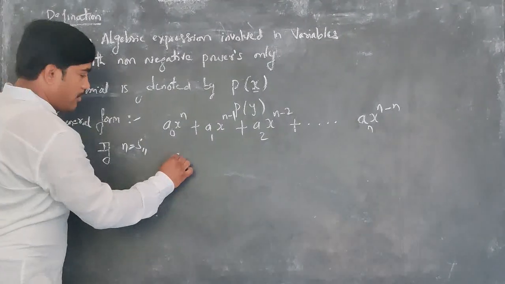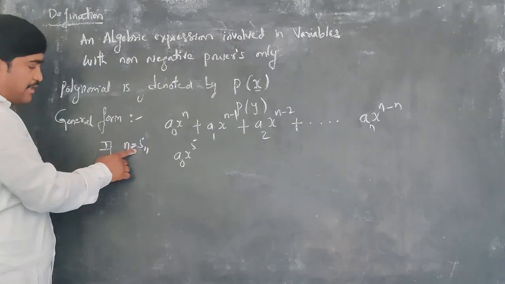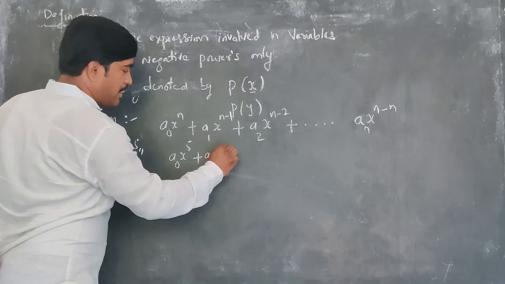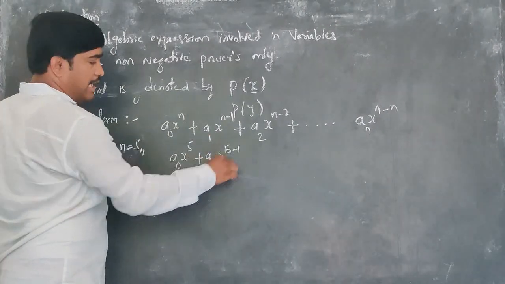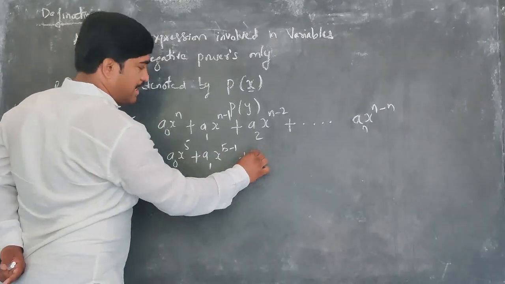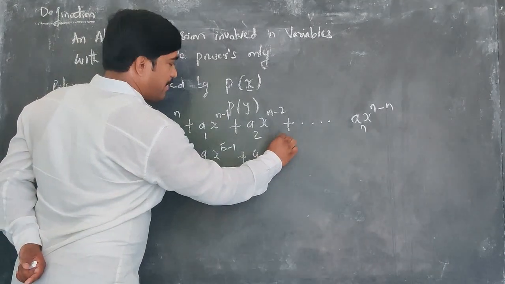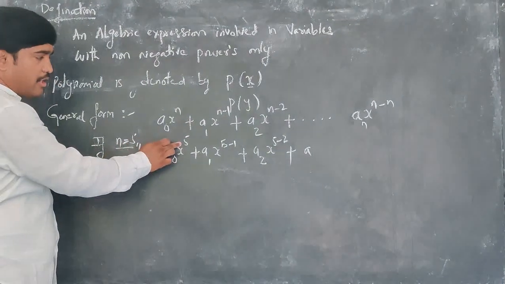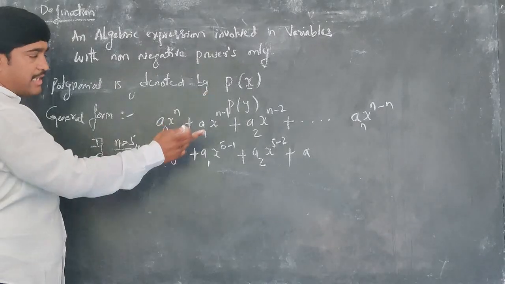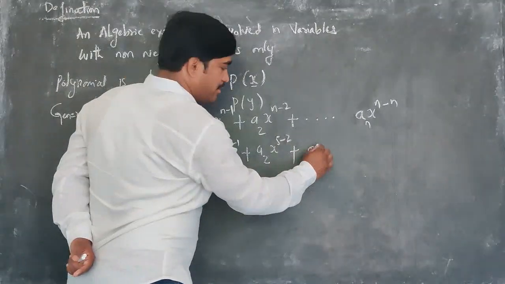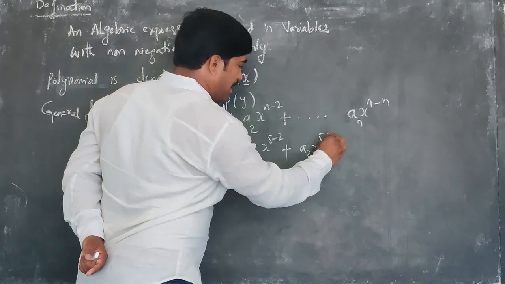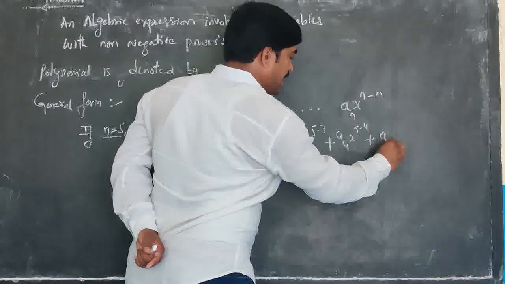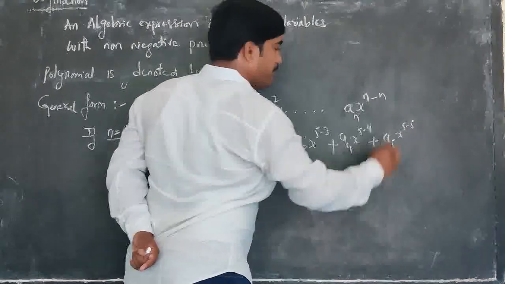Now just check it out. a naught x power 5. The n value is 5, so I can replace the n value here: plus a1 x power 5 minus 1 plus a2 x power 5 minus 2 plus a3 x power 5 minus 3 plus a4 x power 5 minus 4 plus a5 x power 5 minus 5.